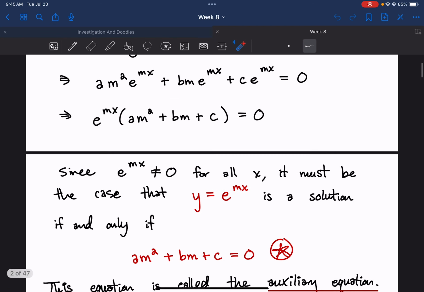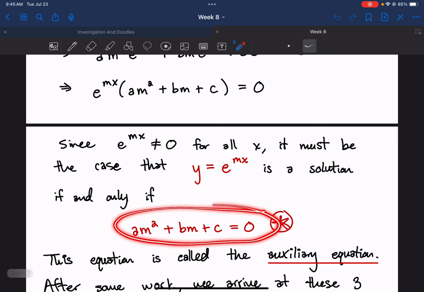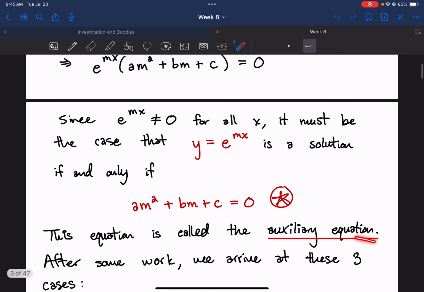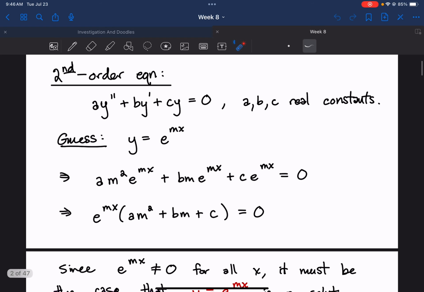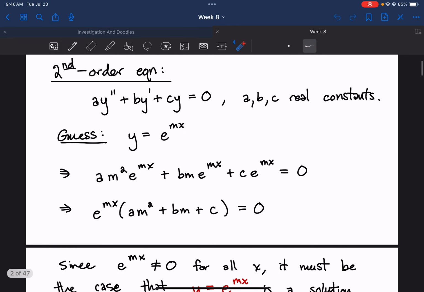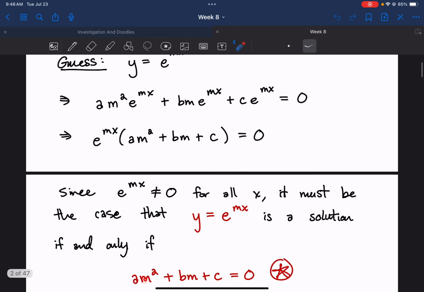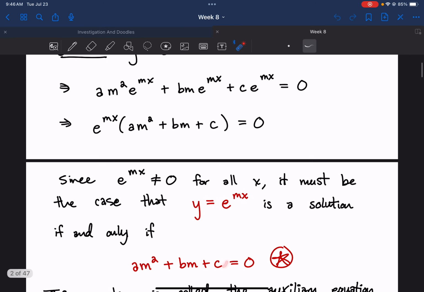Since e^(mx) is non-zero for all x, y = e^(mx) is a solution if and only if this is 0. This is called the auxiliary equation. Notice it's the same coefficients, a, b, and c. Instead of having y'', you have m^2. Y', you have an m. And no primes, you have just a 1.